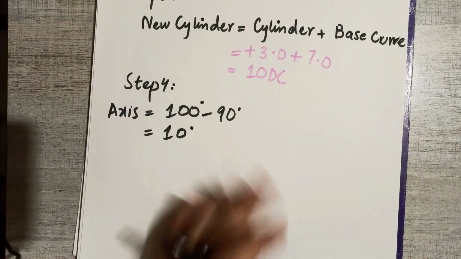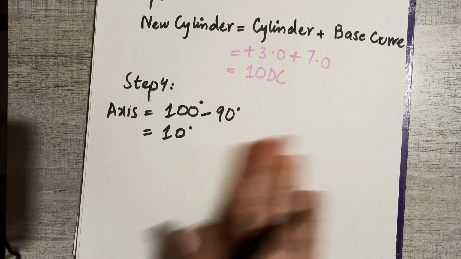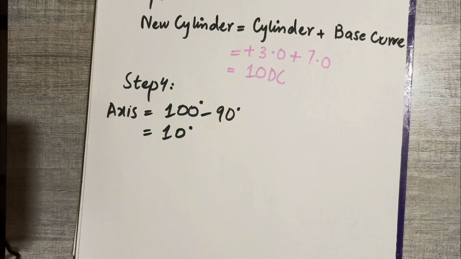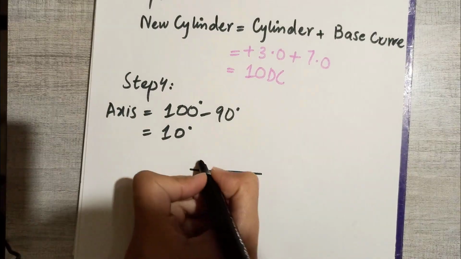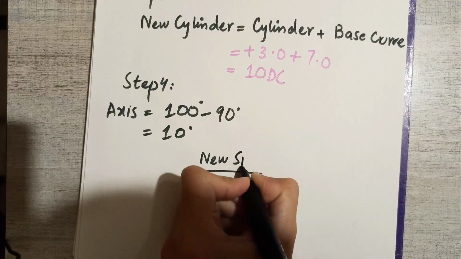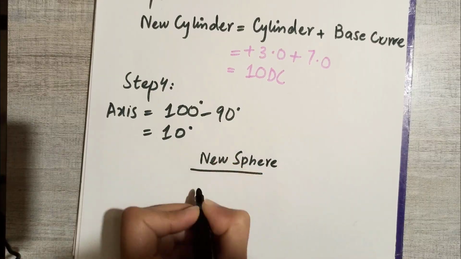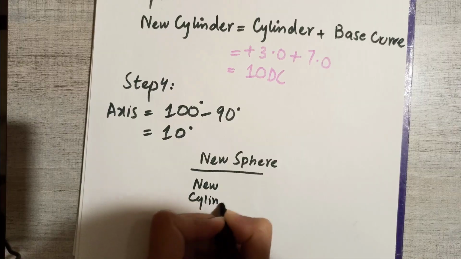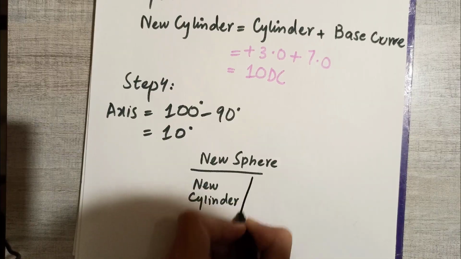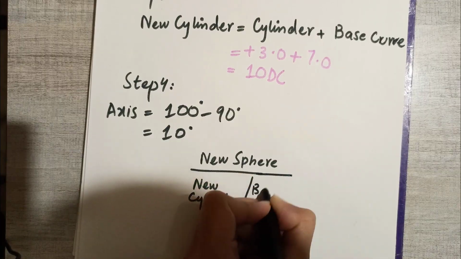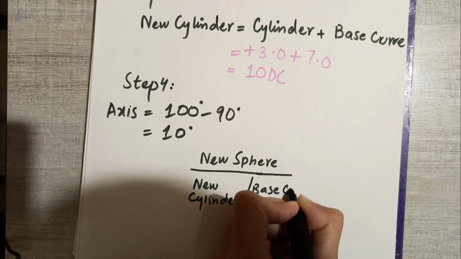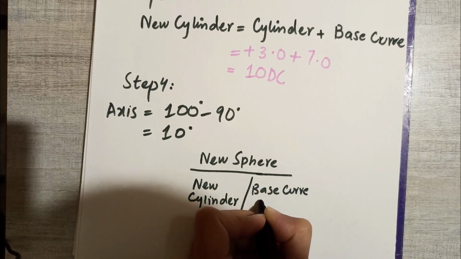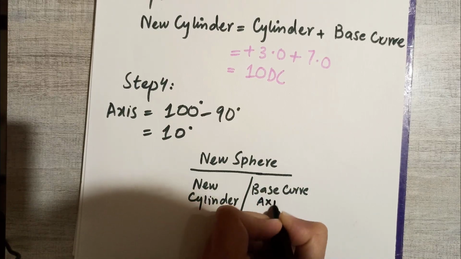Now the final step, to write down the prescription for the toric transposition, we will follow this: new sphere, new cylinder, base curve, and the axis for the base curve.